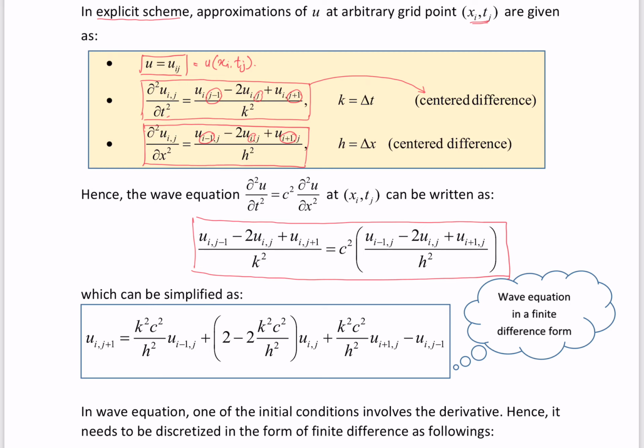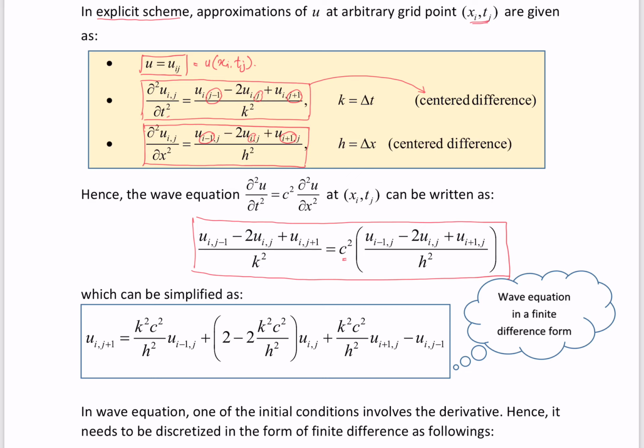On the left hand side, you have the approximation for partial square u, partial t square is equal to c square multiplied by partial square u, partial x square, where you approximate that second order partial derivative with centered difference.